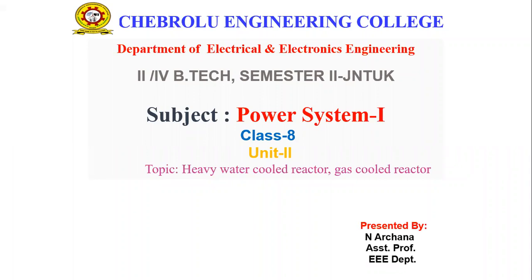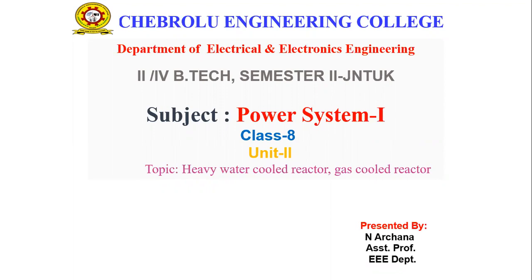The FBR, BWR and PWR are the very important types of reactors, and these are regularly used in nuclear power plants. Mainly, the reactor is the heart of a nuclear power plant. Why? Because the total fission process is done in that reactor only.